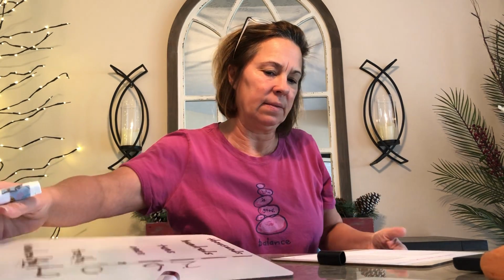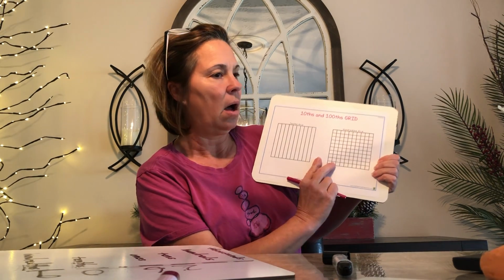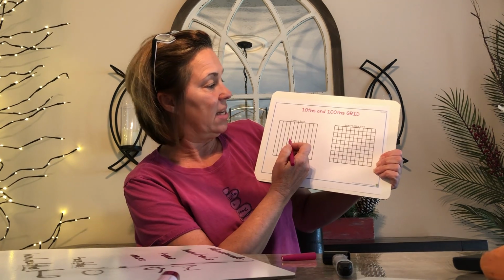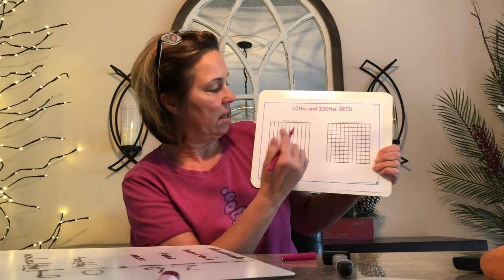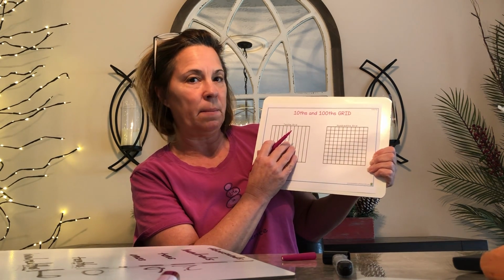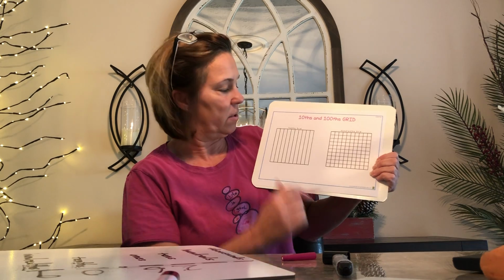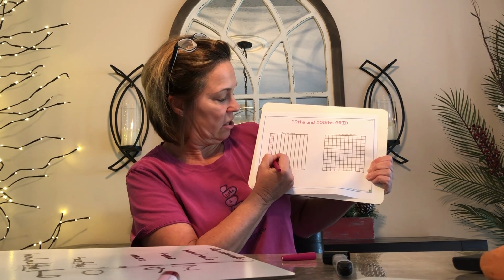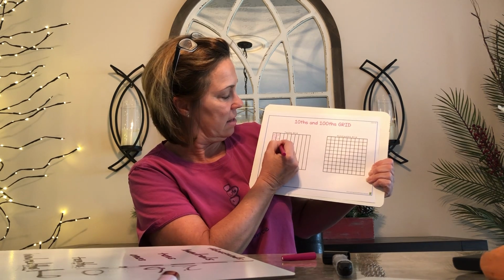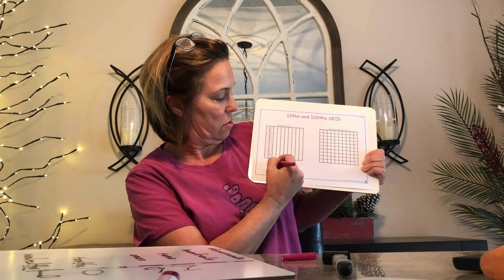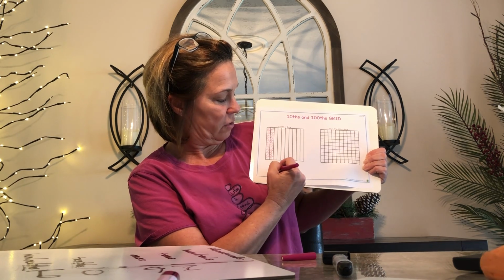On the grids, we have grids for you because you will see some of these grids in your Google Classroom slides. Here's my tenths. You guys have all seen these charts with tenths and hundredths. This one is broken up into 10 pieces, and this one is broken up into 100. So let's say I wanted to show 2 tenths, so I'm going to shade in 2 of these tenths. As a fraction, you guys know that we write 2 over 10.